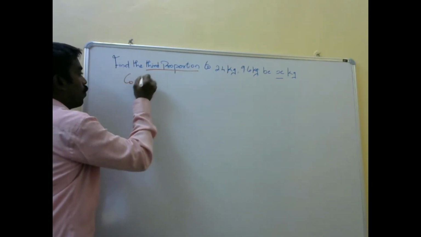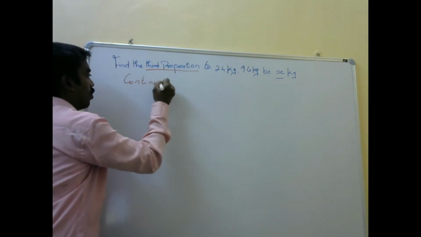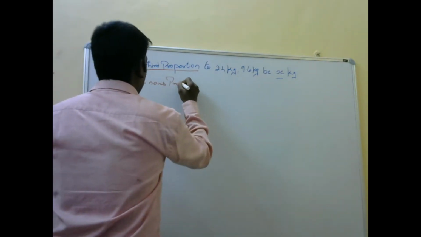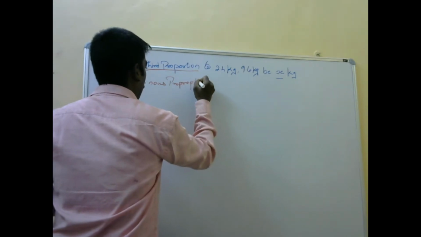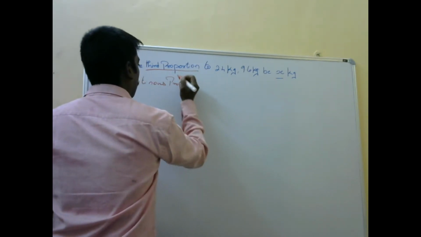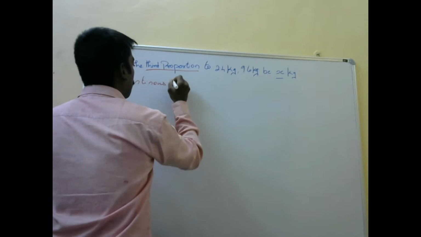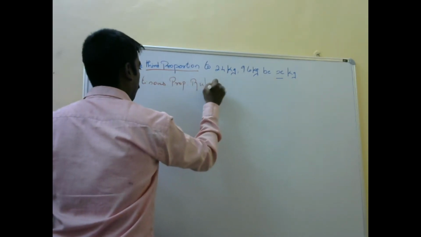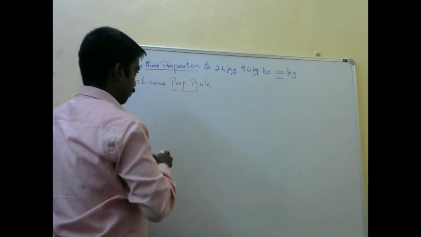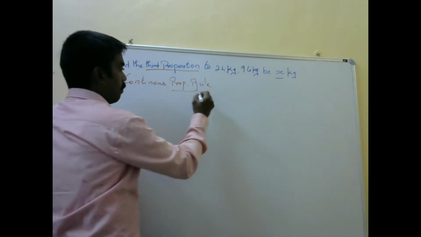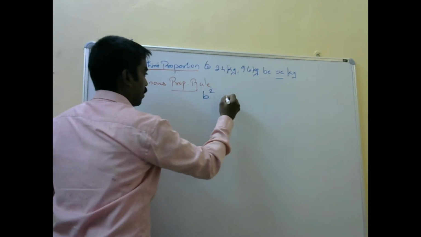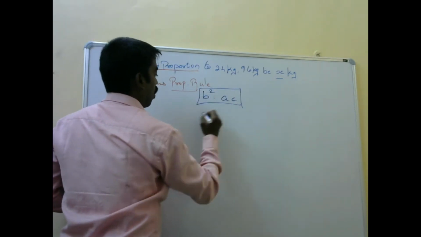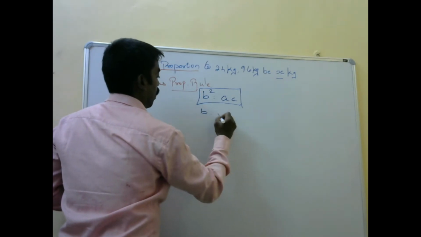The continuous proportion rule: B squared is equal to AC, or B is equal to square root of AC.